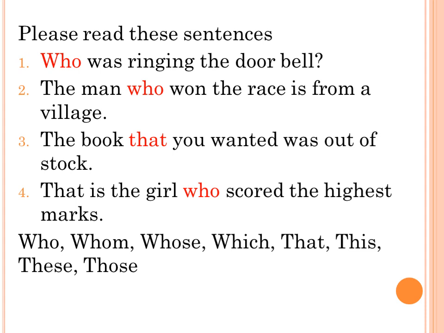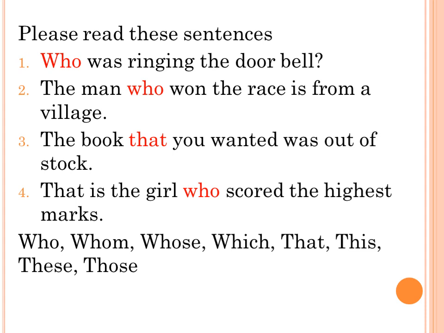So, here who is a relative pronoun. The noun to which the relative pronoun relates is called its antecedent. For example, in the man who won the race is from a village, the word man is the antecedent of the relative pronoun who.